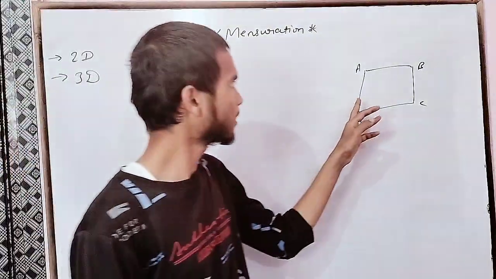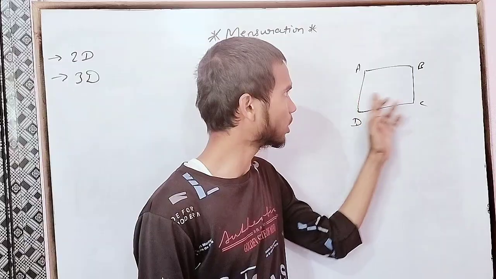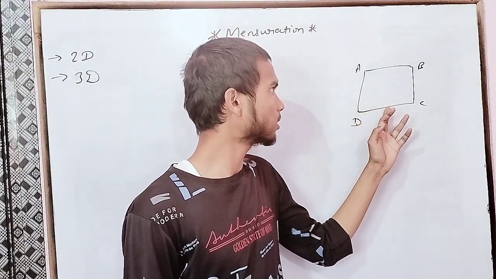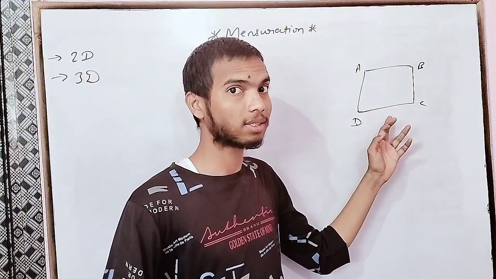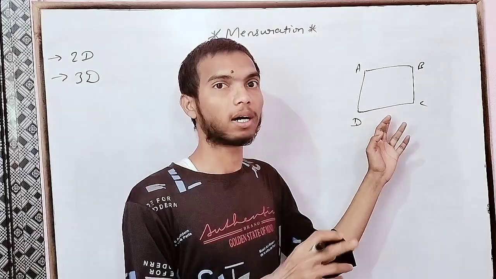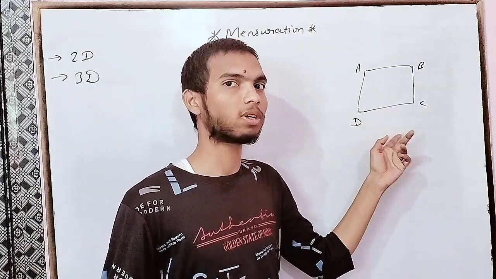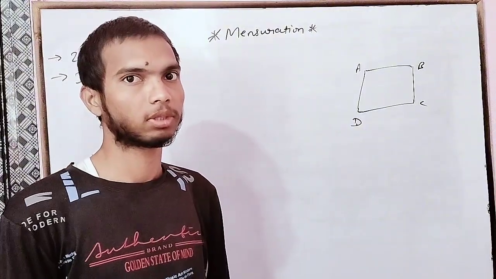Let me explain. Here, an object can go this side, which is the x-axis, and as well as an object can go this side, which is the y-axis. So this rectangle has two axes, two dimensions. That's why this is the definition of a 2D shape.